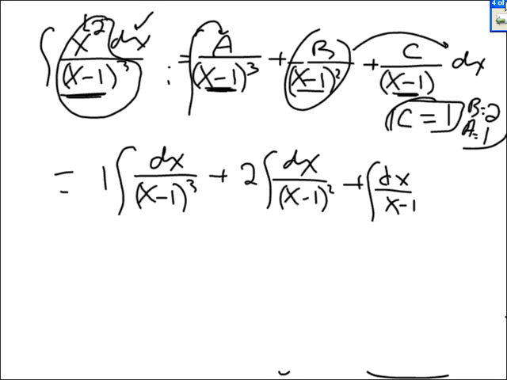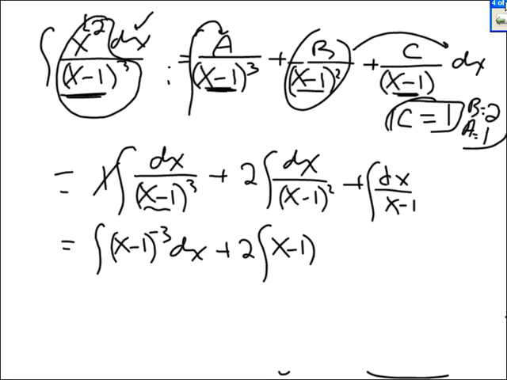Okay, here's a case where we are not getting all ln's. We're getting ln for the last one. What I'm going to do is rewrite this as the integral of x minus 1 to the negative 3 dx. I don't need to write the 1 in front. Plus 2 times the integral of x minus 1 to the negative 2 dx. Plus I'll leave this last integral.